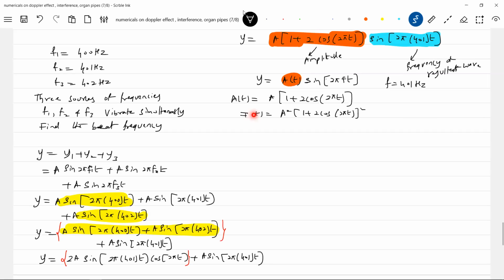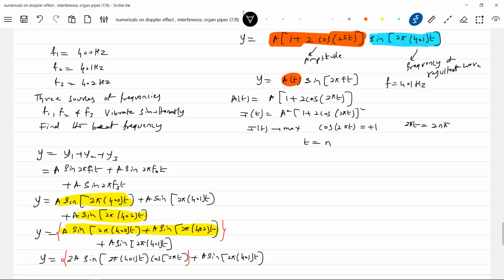Okay, now how to calculate the beat frequency? I should search for the instants of time at which the intensity will be maximum. For I of t to be maximum, tell me when it will be maximum: when this quantity cos 2 pi t is equal to plus 1. For cos 2 pi t to be plus 1, what should 2 pi t be? It should be equal to 2n pi. So therefore, t is equal to n.